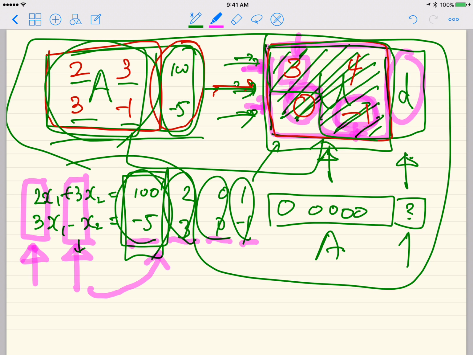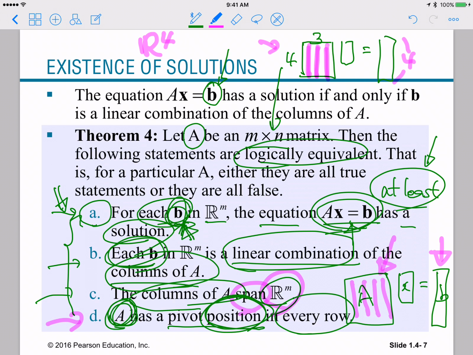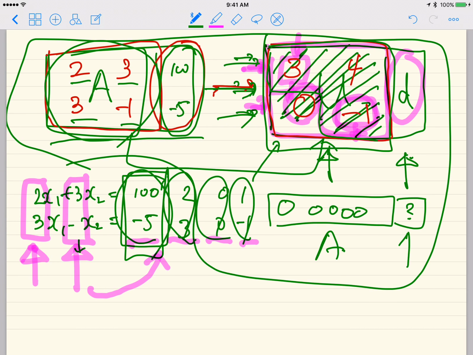And this case is also the same as the third one, that the columns of A span R^m. The dimension of the b vectors, 100, minus 5, 2, and 3, is the same as the number of equations, right? Because we have two equations, that's why we have two numbers in the b part.